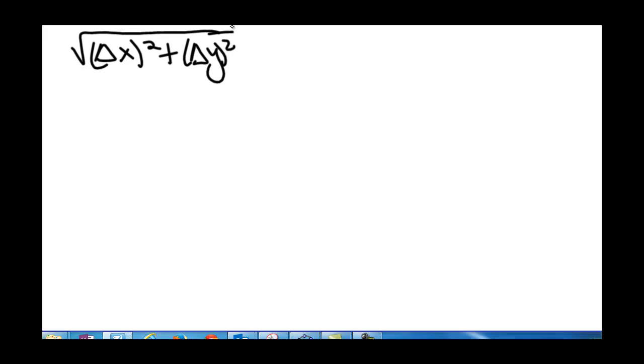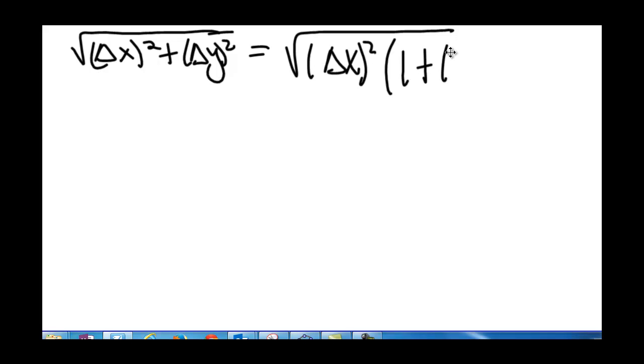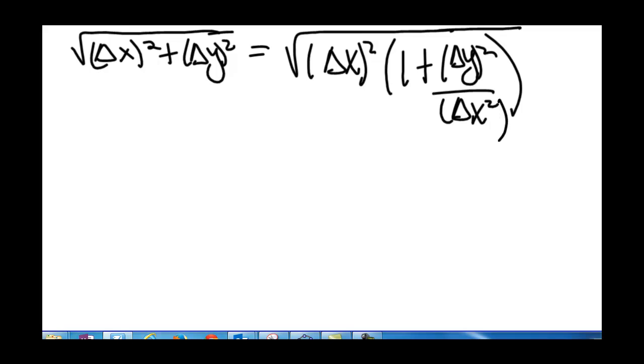Let's rewrite this so we're all in terms of x. If we pull out a change in x squared, we can rewrite this as the square root of the change in x squared times 1 plus the change in y squared over the change in x squared. If we multiply this back in, the change in x squared times the change in y squared over the change in x squared gives us back the change in y squared.